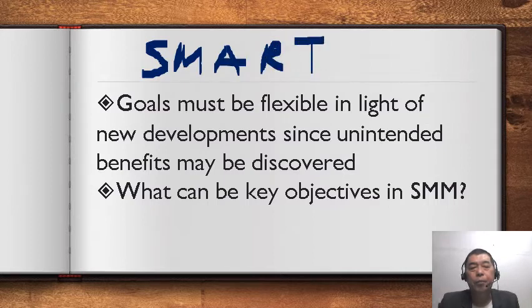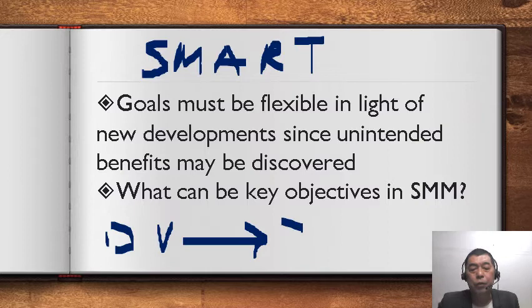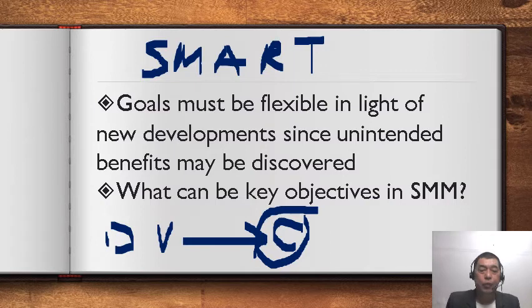Example, your goal is to convert your visitors in the social media into your customers. That is your goal. Now, in setting up the objective, how are you going to convert and transform your visitor in your social media to be your customer? So that is the objective, and it should be specific, measurable, attainable, realistic, and time bound.